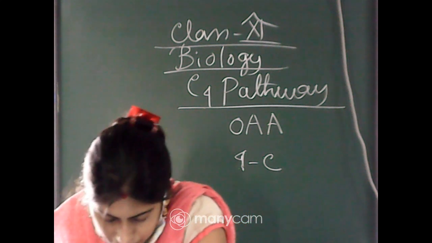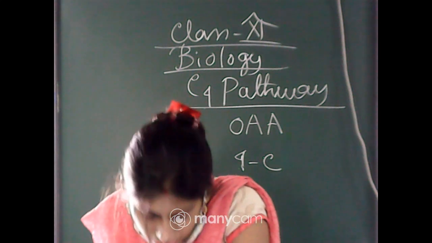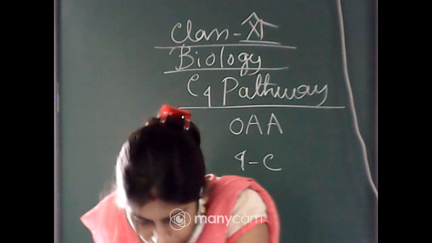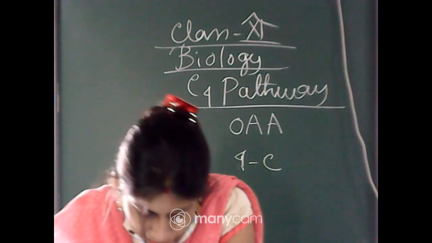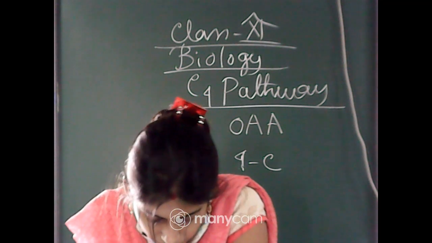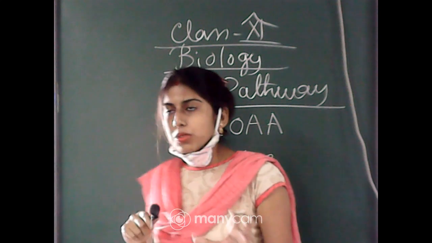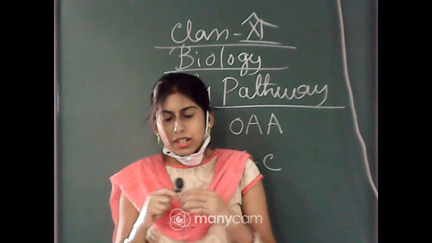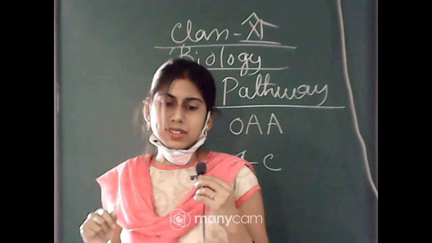So what I have mentioned is that the large cells around the vascular bundles in C4 pathway plants are bundle sheath cells. First we will find mesophyll cells, and beside that in the inner portion we will find bundle sheath cells.